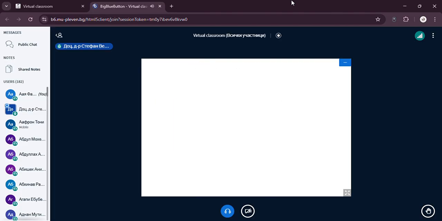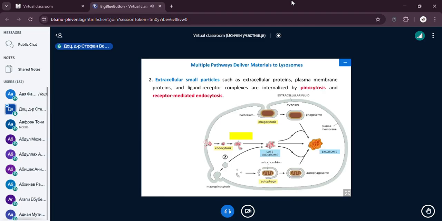The second process is the so-called delivery of extracellular small particles like large proteins or plasma membrane proteins or ligand-receptor complexes from the plasma membrane. This process is called receptor-mediated endocytosis and happens with the formation of clathrin-coated vesicles.